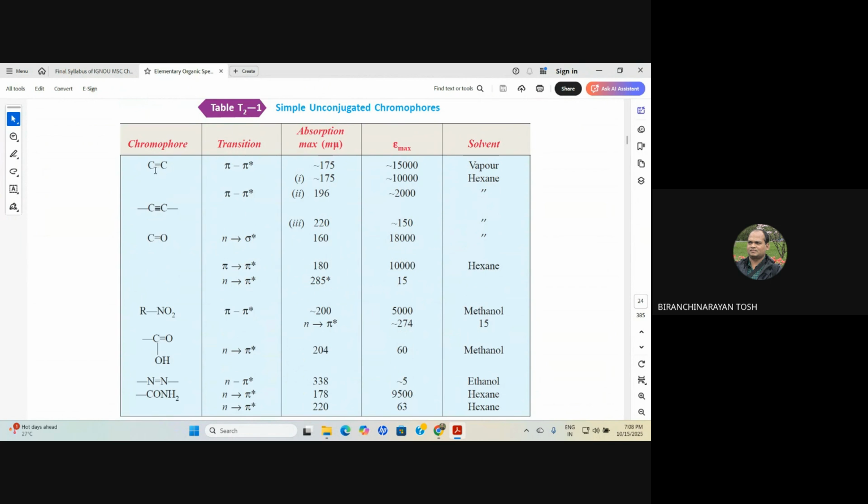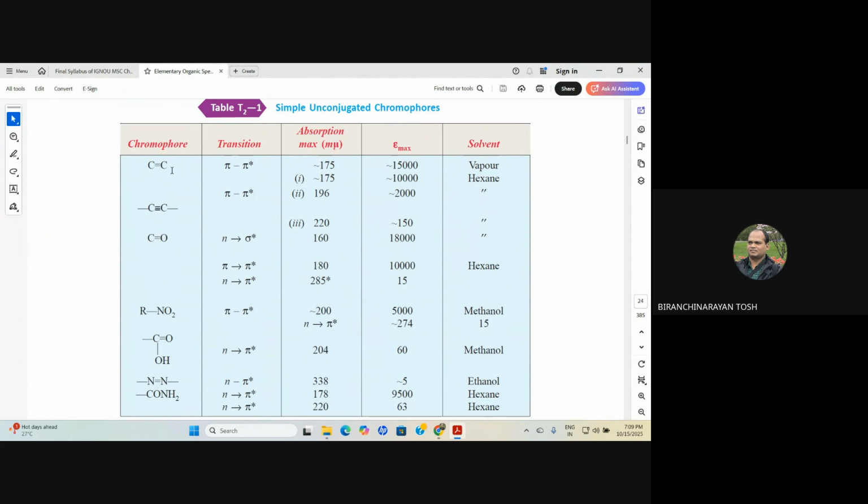Similarly, the alkenyl group, C double bond C, is also a dependent chromophore. In the case of one C double bond C, an alkene may be colorless. If it is a diene, it is colorless. That means in the case of polyenes, diphenyl polyenes, C6H5, C double bond C n times, again C6H5: when n is 1, 2 or 3, the compound is colorless.